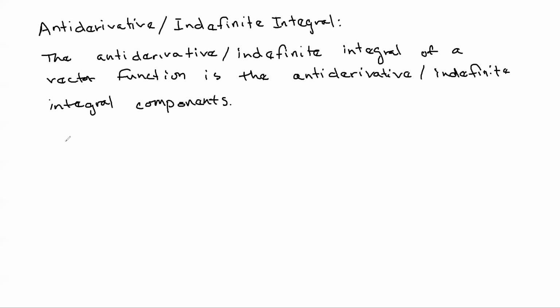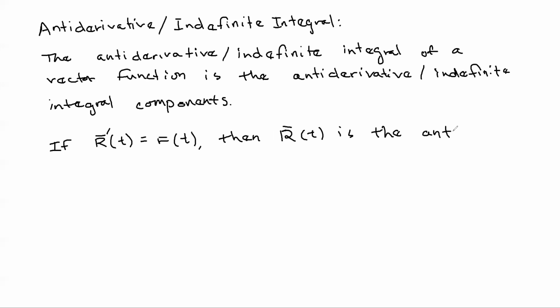Okay, so let's just write that out, except with our vector function. If capital R of t prime equals little r of t, then capital R of t is the antiderivative. That's what I just said, just written out, and I used R instead of F. We use F for scalar functions.